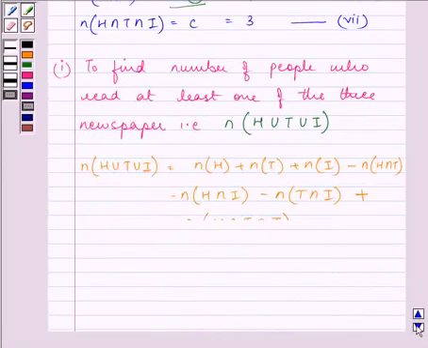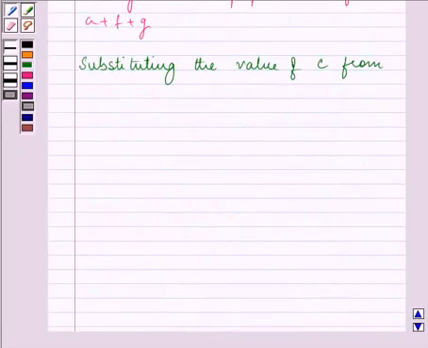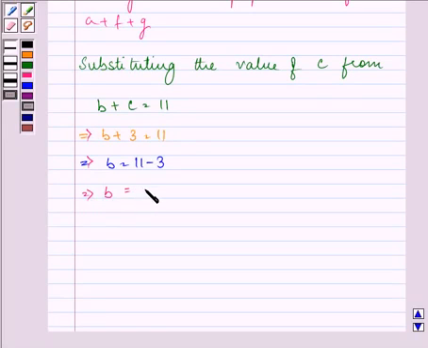So on doing so, we have the values as B plus C gives us 11. We know that the value of C is 3, so we get the value of B as 8.